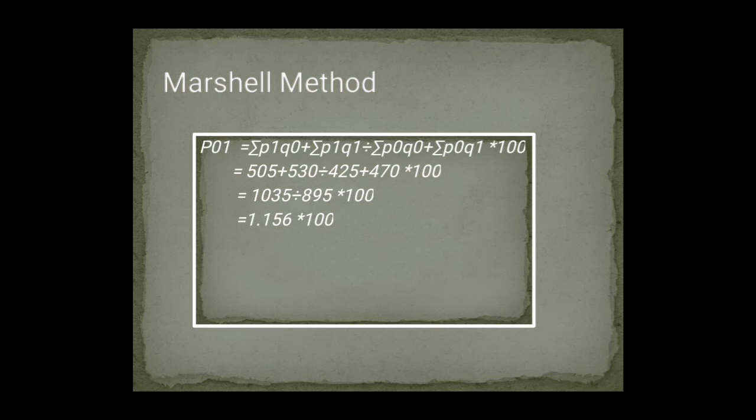Sigma P0 Q0 is 425 plus sigma P0 Q1 is 470. So even this we have to add, that is 1035 divided by 895. So we get 1.156 into 100. So at last if we multiply it with 100, we get 115.6.